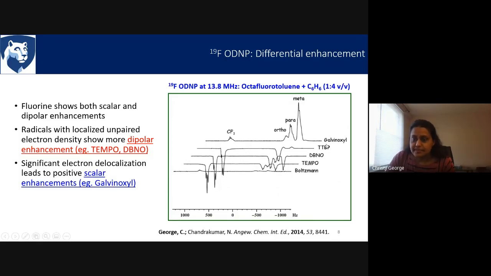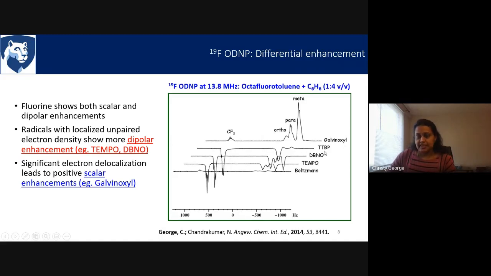Whereas if we use a radical, we are seeing enhancement and a much better signal to noise at every site. However, when we are using nitroxide-based radicals like TEMPO or BDPA, all sites show negative enhancement, and the highest enhancement is observed at the CF3 position.